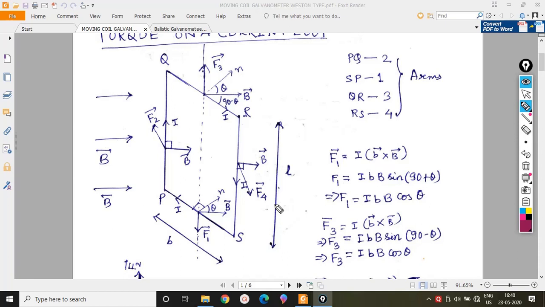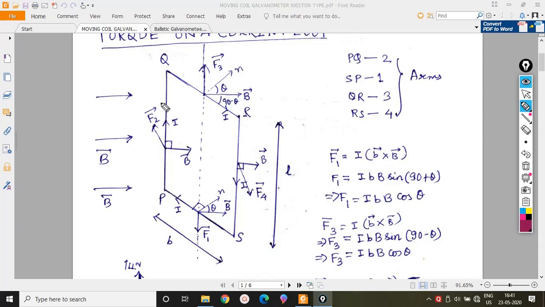Now let us try to analyze the different forces coming in the loop due to the magnetic field and the current flowing through it. As you see in the diagram, we have a current I flowing in the plane of view.